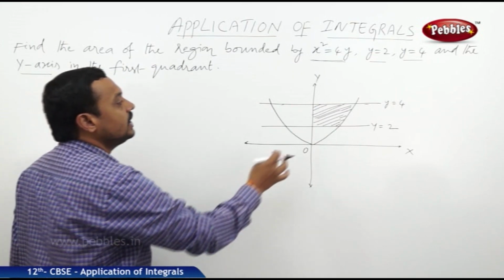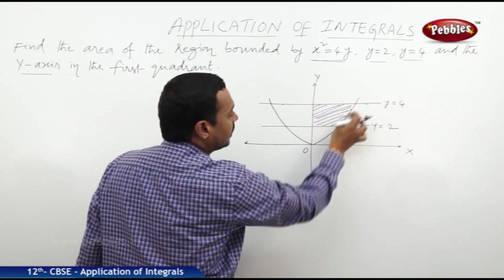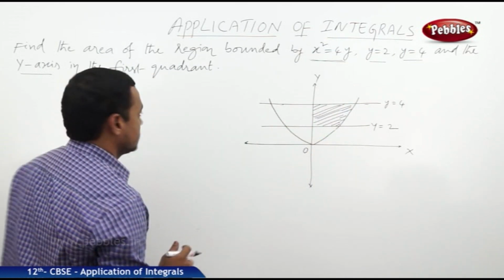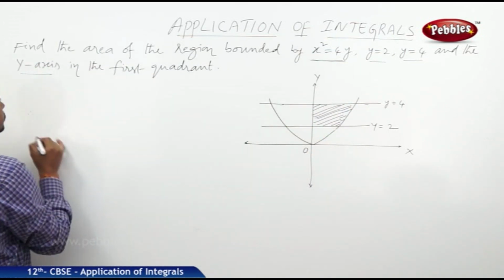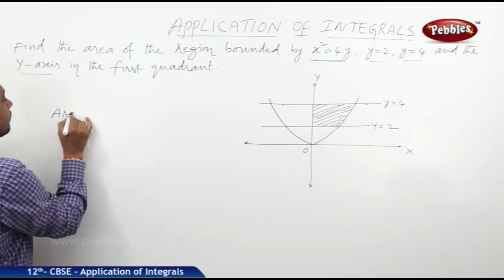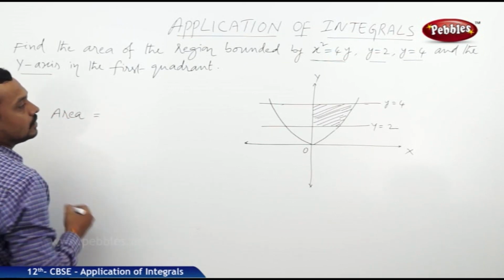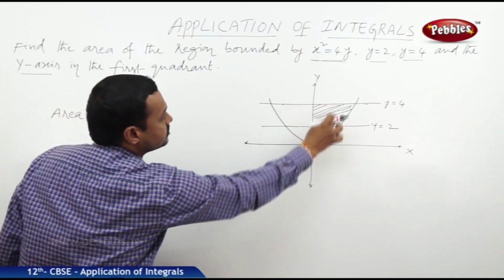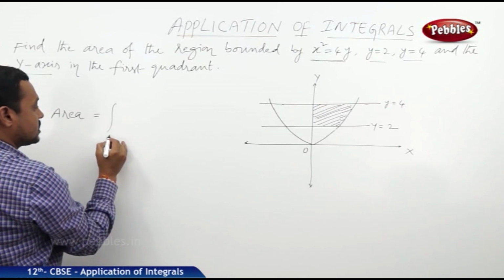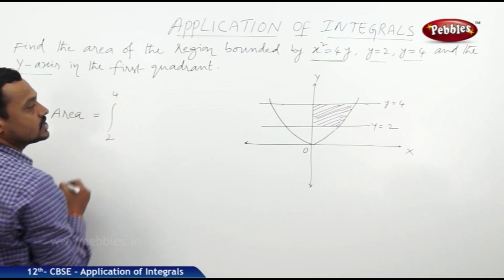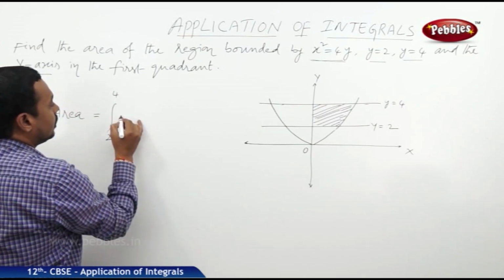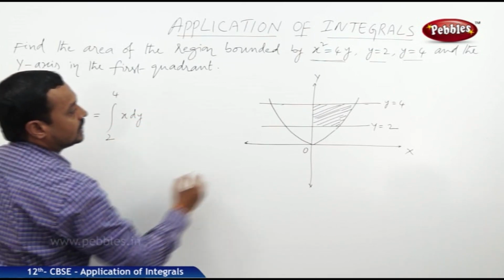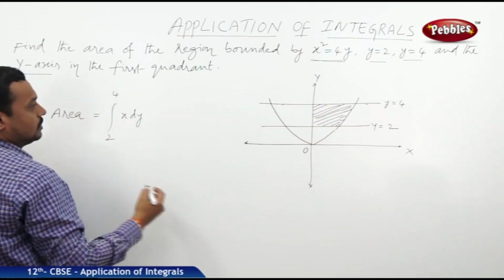Now you know that the region is bounded by the curve and two straight lines and the y axis. Therefore, the area is equal to, bounded between the two limits y is equal to 2 and y is equal to 4, x dy with respect to the y axis.